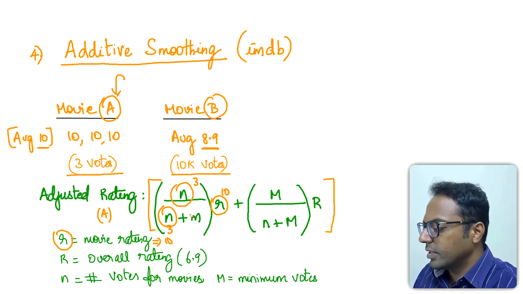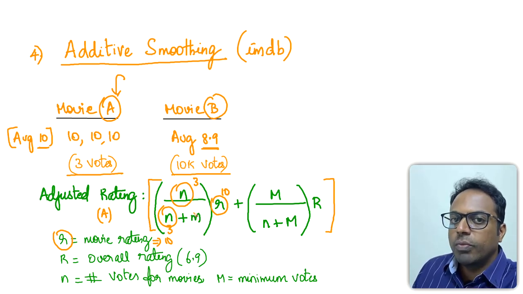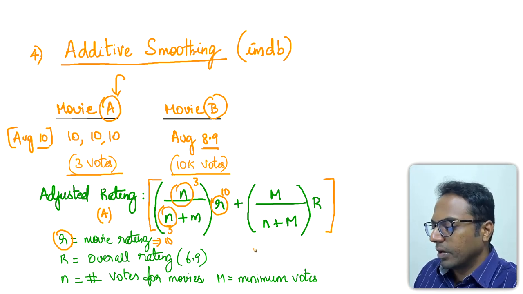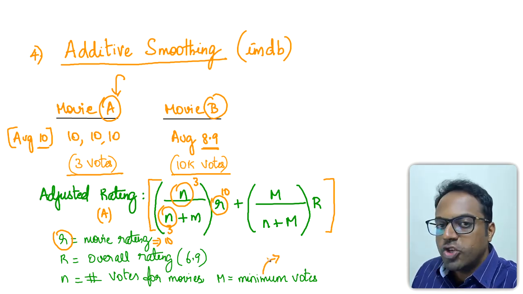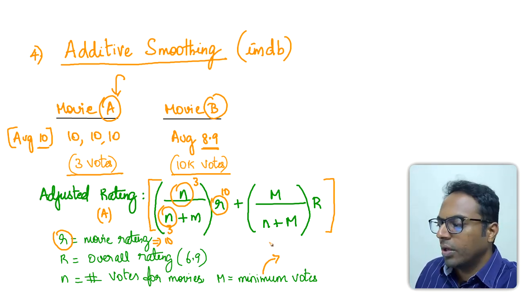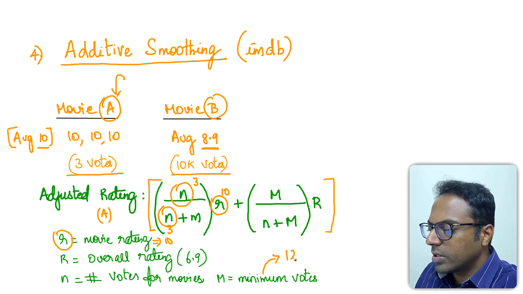It is considered a sort of baseline of the minimum number of votes that needs to be present. This is a set number. In the case of IMDb, the minimum threshold of votes that IMDb took in order to give a proper rating for a movie, at that time, was 1250.